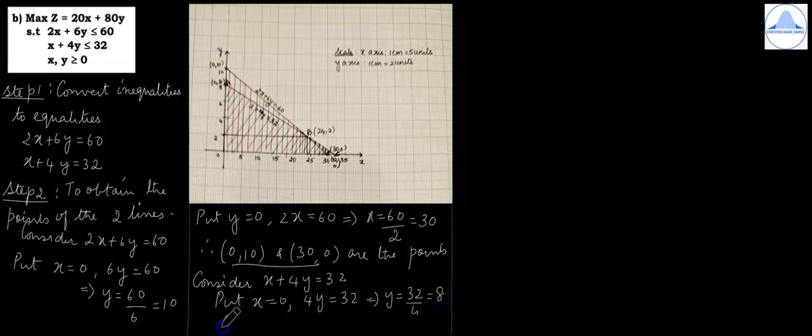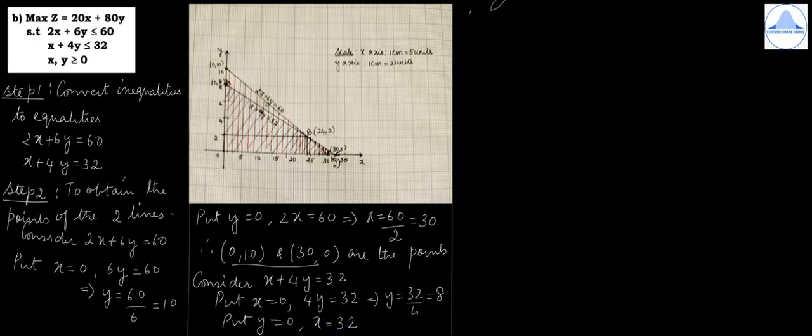Now take the next equation. So consider x plus 4y equal to 32. So put x equal to 0. So 4y is equal to 32, which implies y is equal to 32 divided by 4, which is equal to 8. Next, put y equal to 0. So you will get x equal to 32.